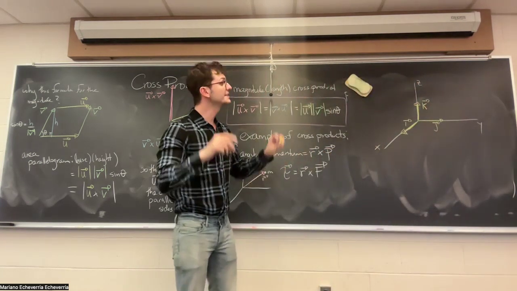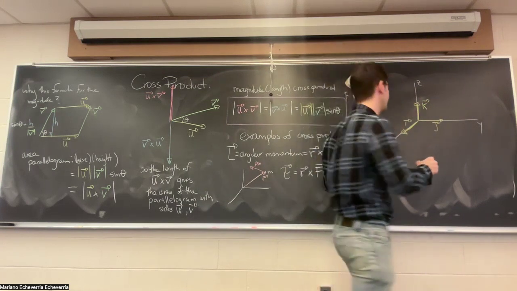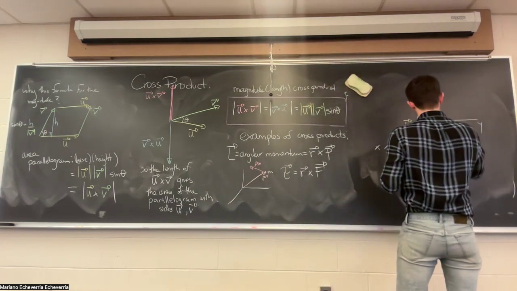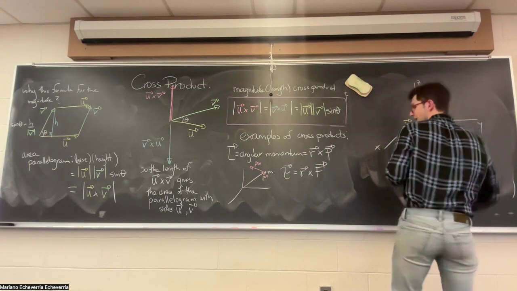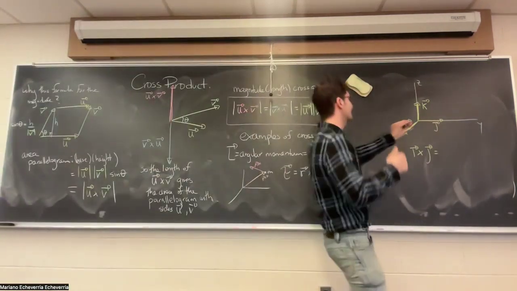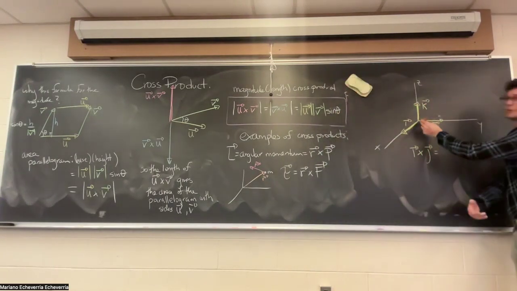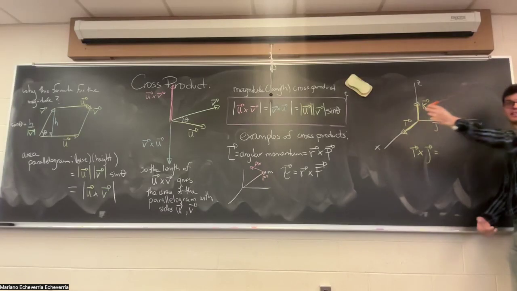The reason you draw them this way is, for example, i cross j. Let's see, what should i cross j be? Think about it to make your life easier. X is the axis that's pointing towards you, the one that's leaving the board.